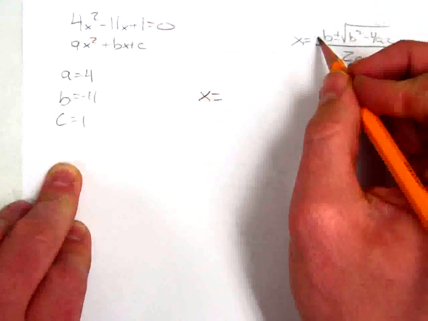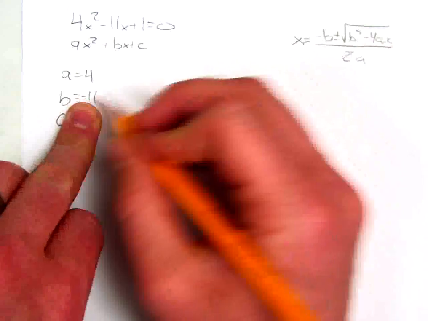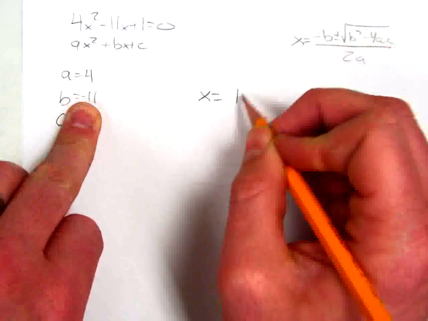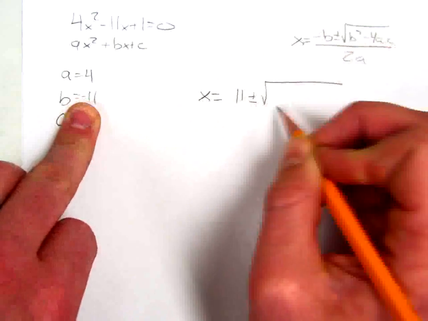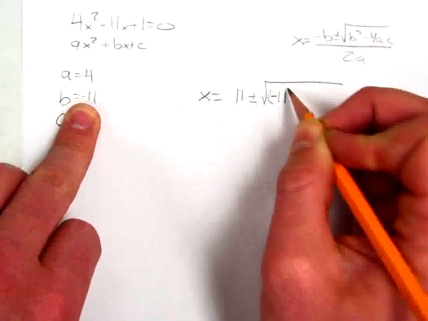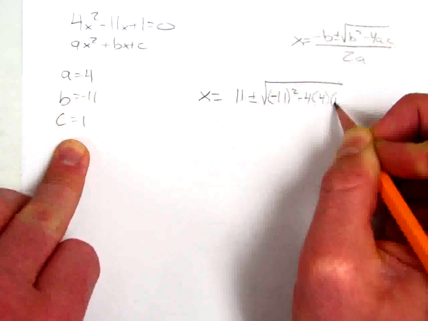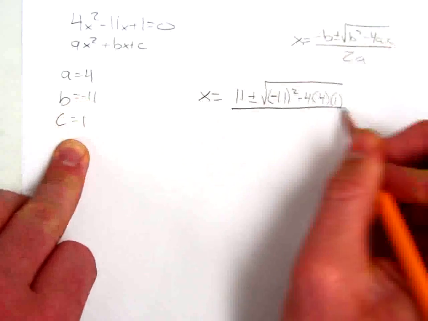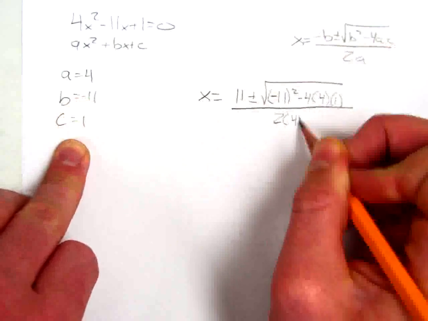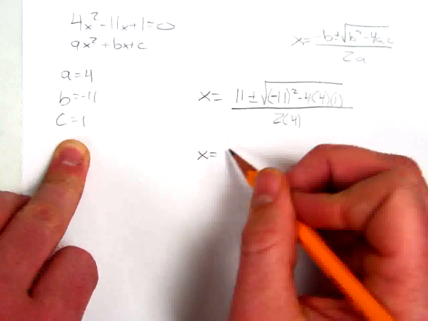So x equals negative b. Well, if b is negative 11, it's the opposite of negative 11. And b squared is going to be negative 11 squared, minus 4ac, all over 2a. So let's simplify it a little bit.